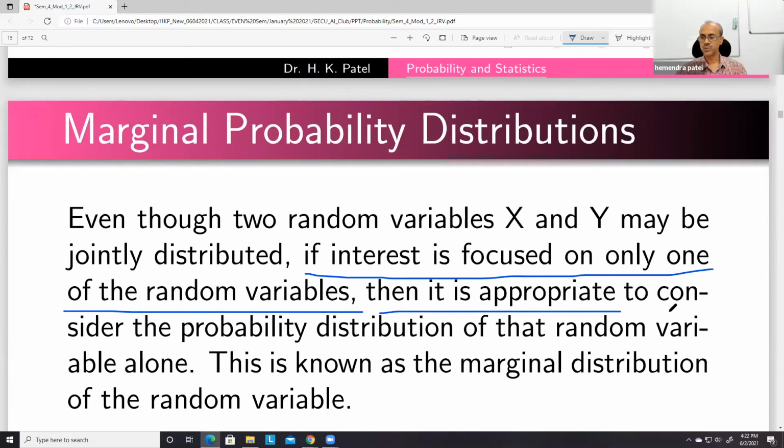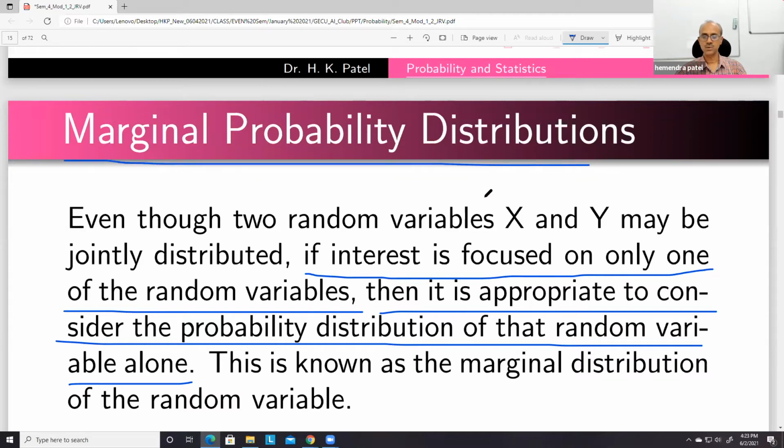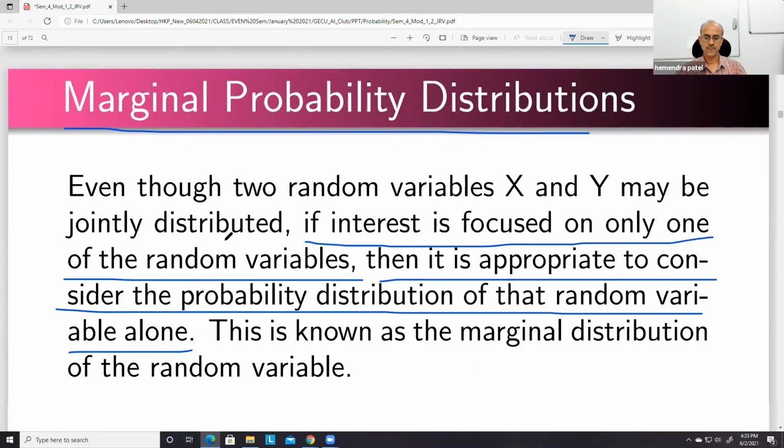Then it is appropriate to consider the probability distribution of that random variable alone. Though we know the joint probability distribution, if you are interested to know the distribution of one variable only, then what to do? So the thing is that this marginal probability distribution, we should know how to find.